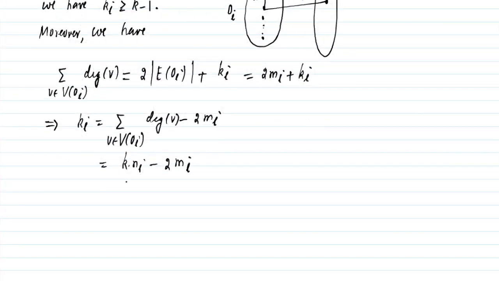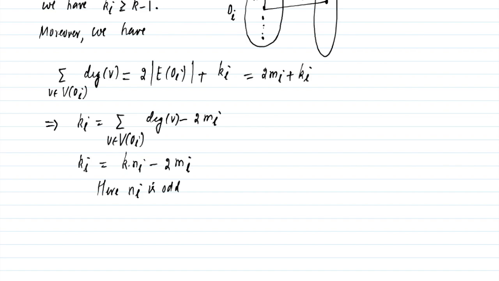Now let's look into this equation. We have got the equation ki is equal to k ni minus twice mi. Here ni is odd, because ni is the order of an odd component. Now if k is odd, then this number becomes an odd number minus an even number, so ki is odd. And if k is even, then k times ni is even, so even minus even is even, so ki is even.